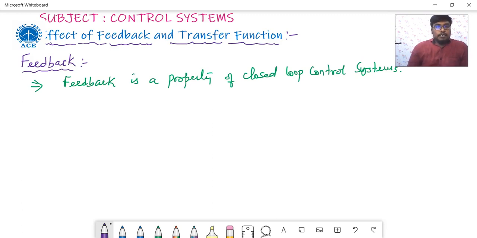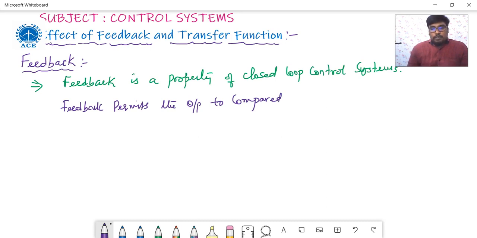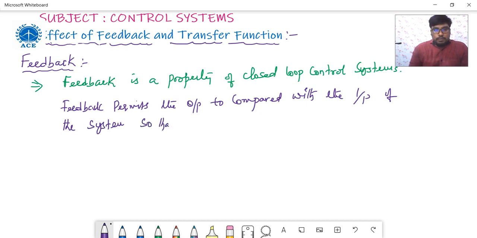So the second point: feedback permits the output to be compared with the input of the system, so that the appropriate control action may be formed.